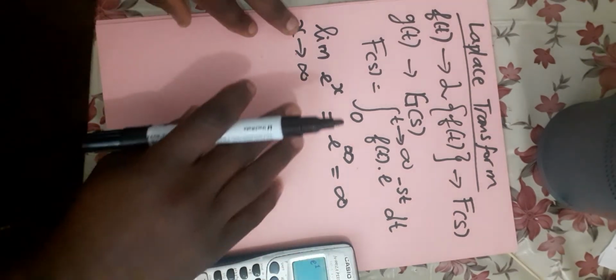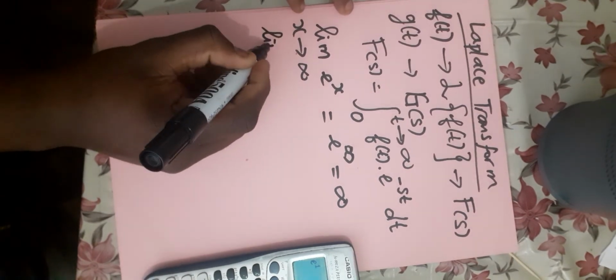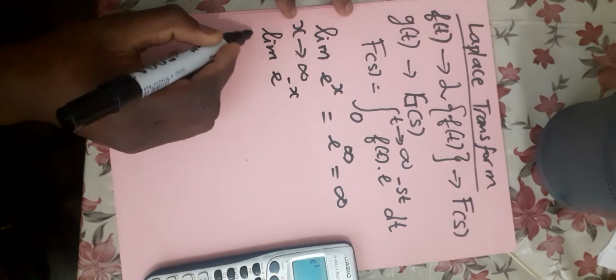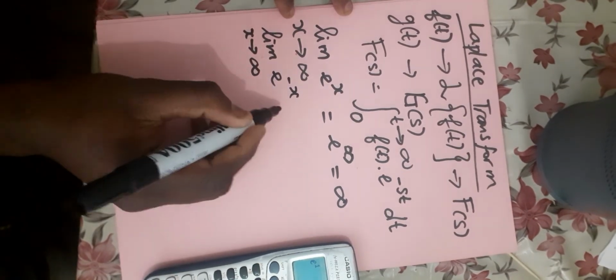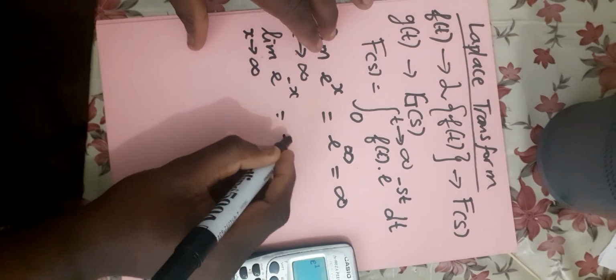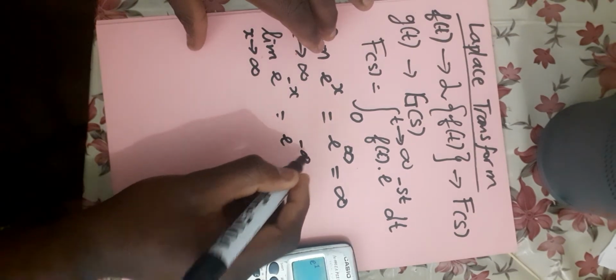Now in our case we have the limit of e to the power minus x. Now look what happened. You're going to have e to the power minus infinity.